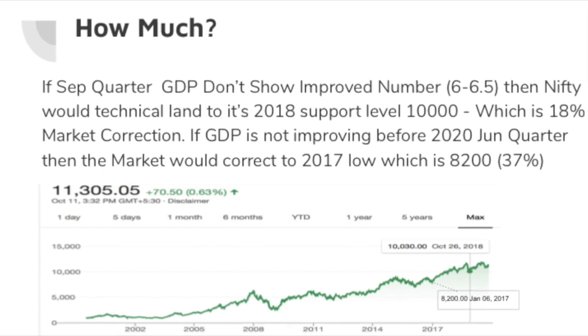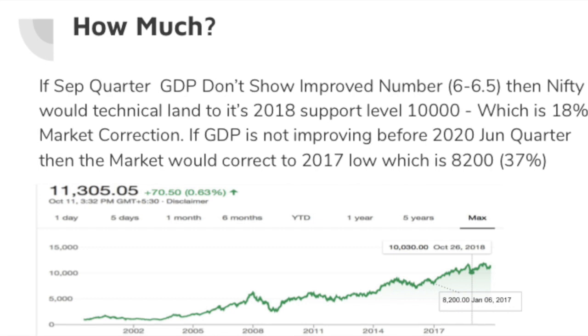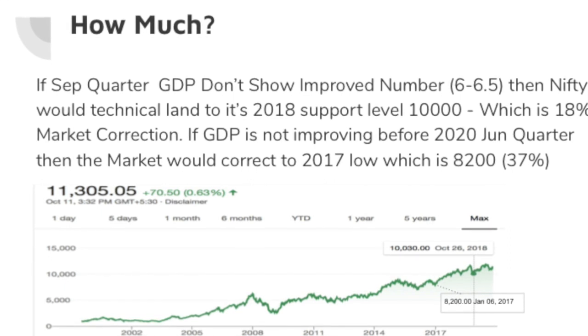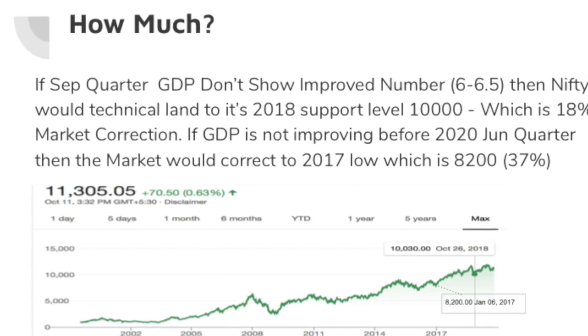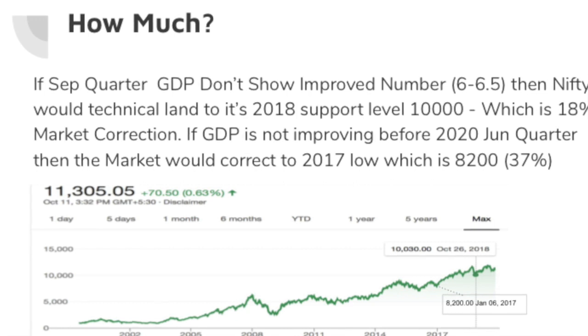If we see some improvement in GDP growth, the market would probably maintain these numbers; or else we would land in our support zone, which is 8,200 to 10,000 based upon the GDP numbers we will see in the coming quarters.